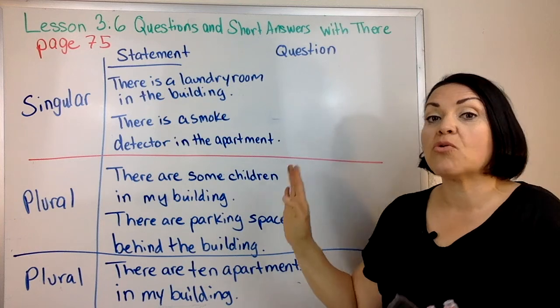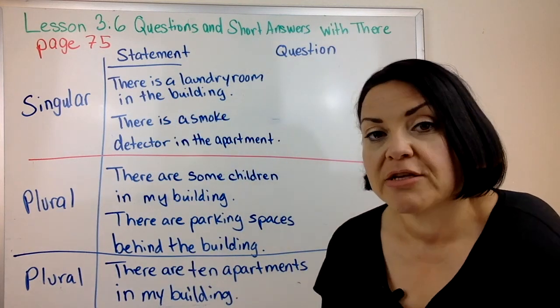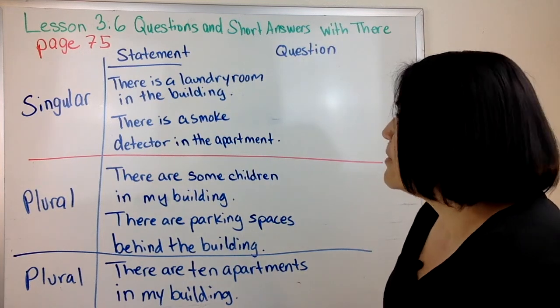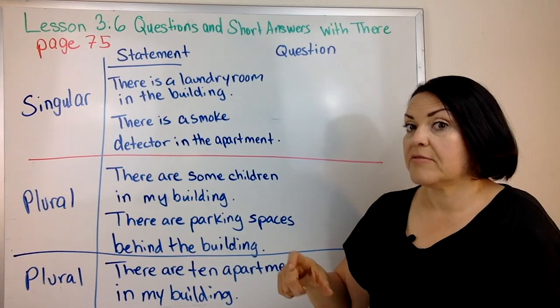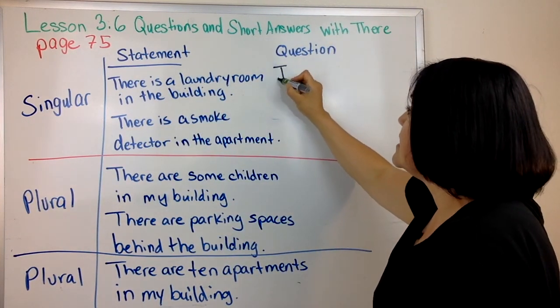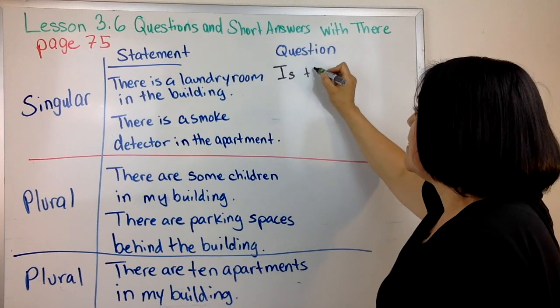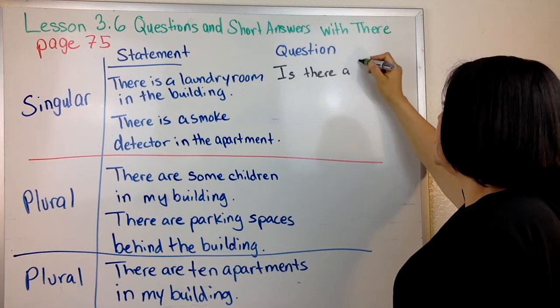So we're going to make questions from these sentences, statements, right? So remember, when we make a question, the first thing we're going to put is the be verb, right? Is. So we're going to say, is there a laundry room?